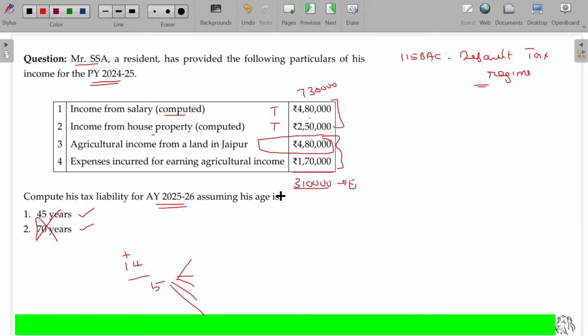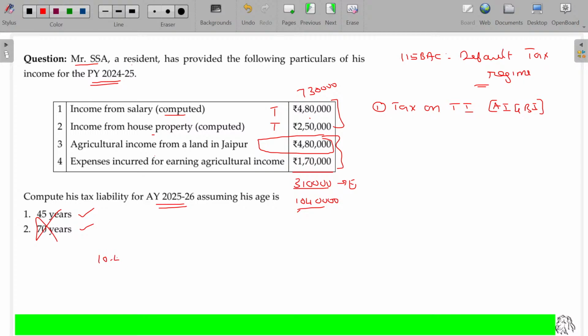First, you have to calculate tax on total income. Step number 1. Follow the steps. Tax on total income. Total income means agri income and business income both put together. How much is that? 710 plus 310, 10 lakhs 40,000.